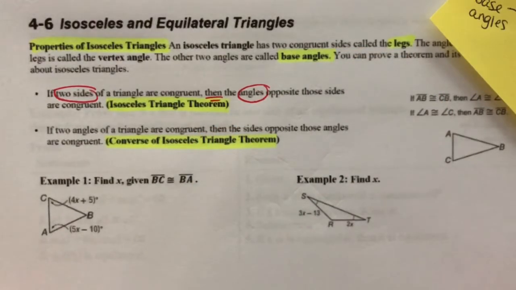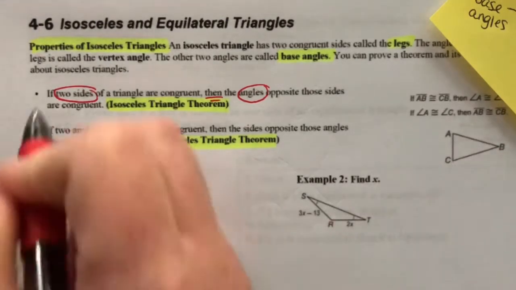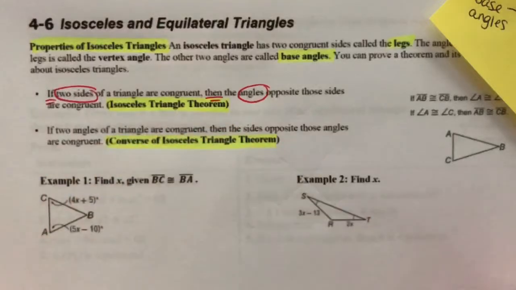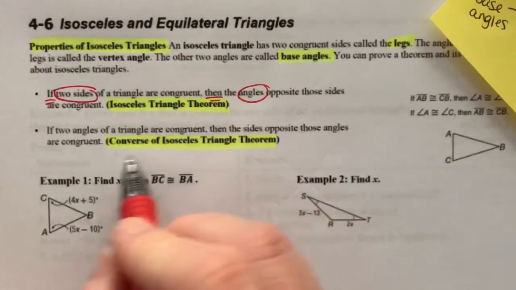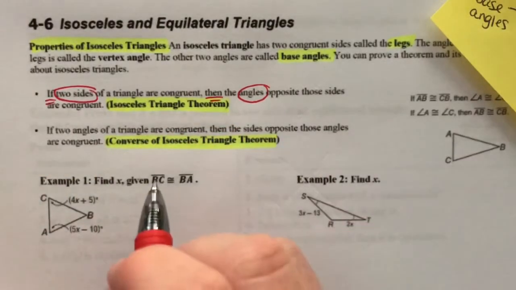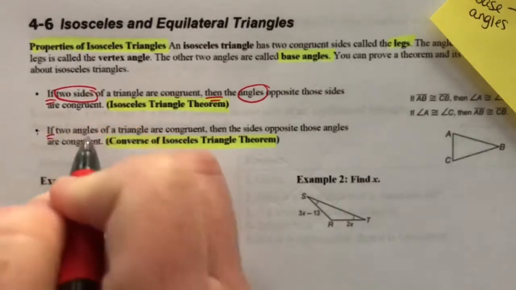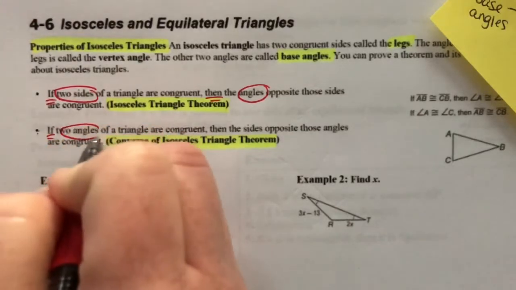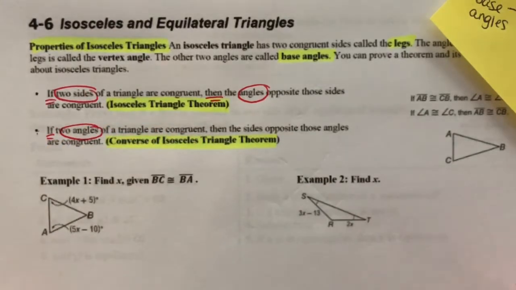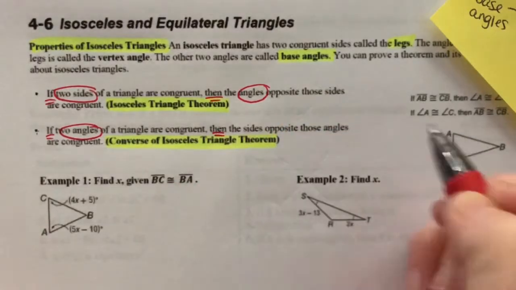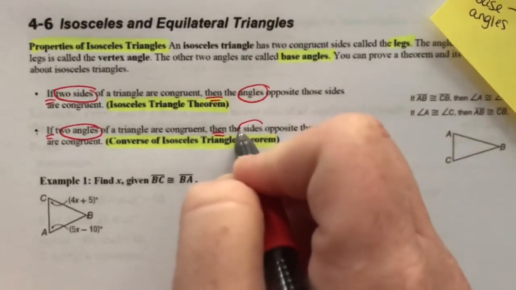The converse isosceles triangle theorem talks about the exact same thing, but instead of us knowing that the sides are congruent first, in the converse, we're going to know the angles are congruent first. So if two angles are congruent, then we know that the sides are congruent.